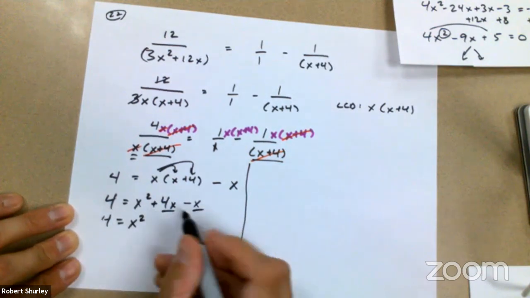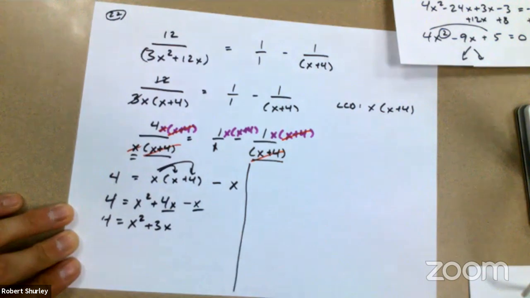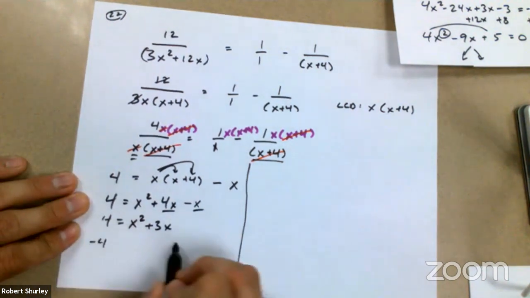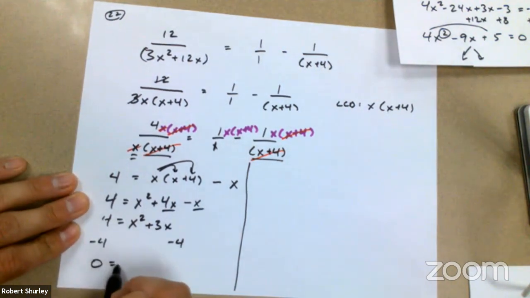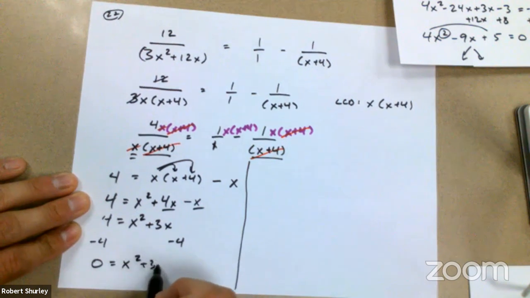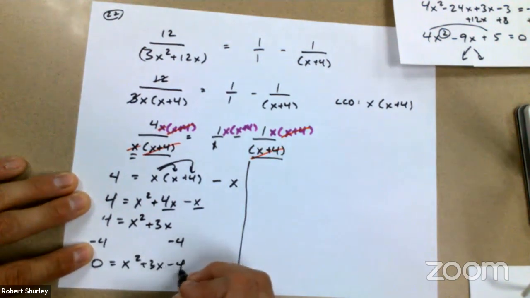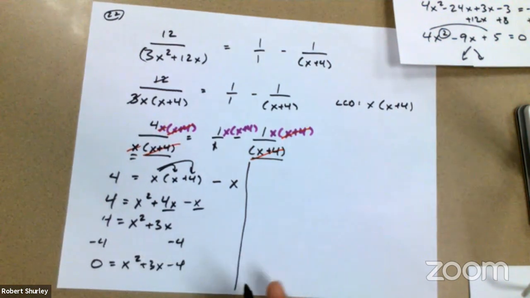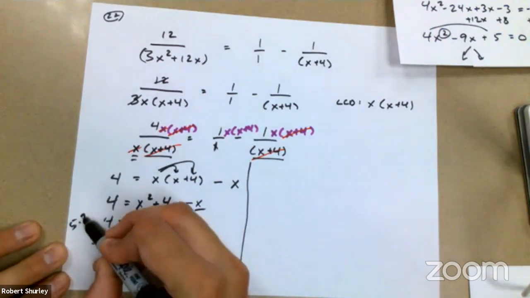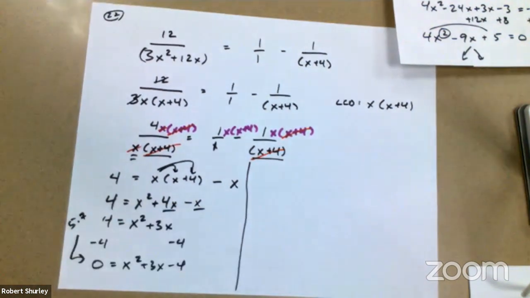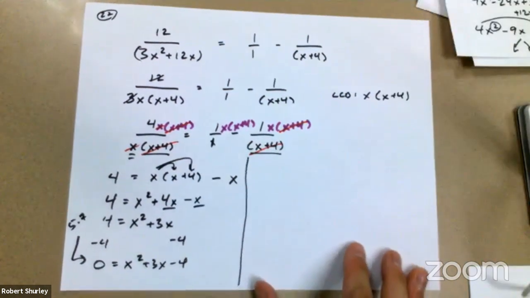I can add these two together, subtract them, I should say, that would be 3x. And subtract the 4 over, and I get 0 equals x squared plus 3x minus 4. Now it looks like something from section 5.7, right? You guys see that?